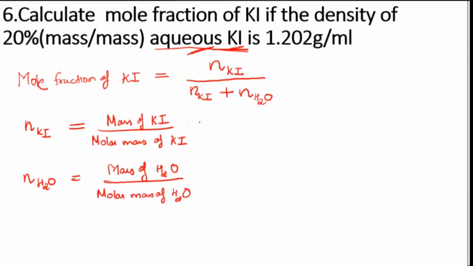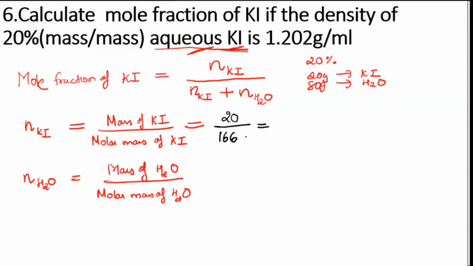The solution is 20%, so that means 20 gram is potassium iodide and 80 gram is water, the solvent part. So you can substitute here the mass of potassium iodide as 20 divided by the molar mass of potassium plus iodine, that is 166. We have done that calculation.